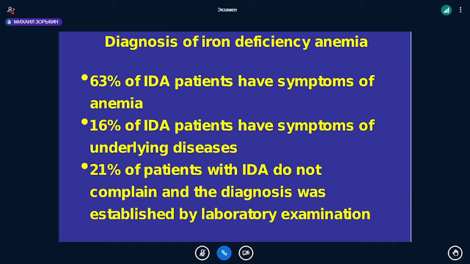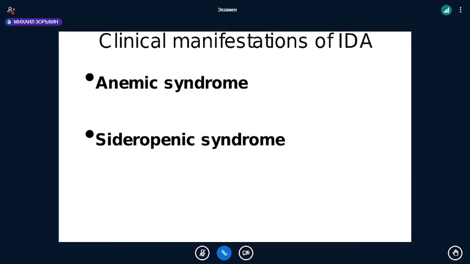For example, a patient has stable angina, ischemic heart disease, and in the case of anemia decompensation, it will lead not to anemia signs, but to a higher functional class of angina, decompensated. We must consider the presence of concomitant pathology too.